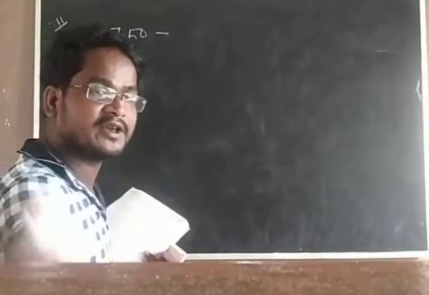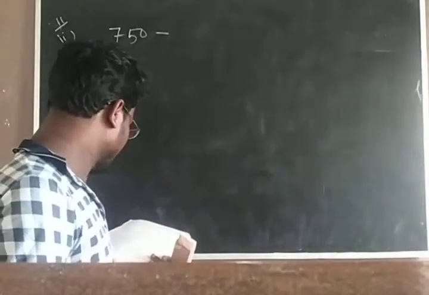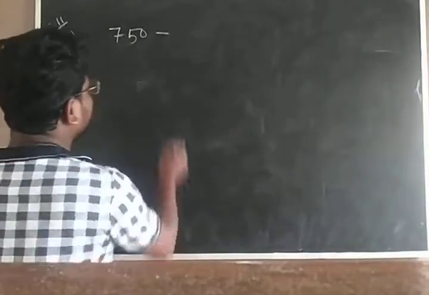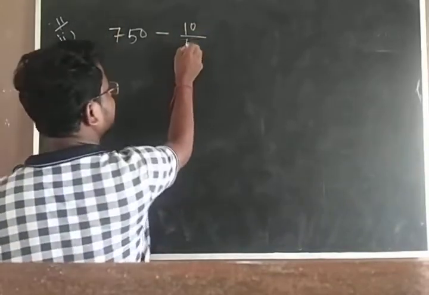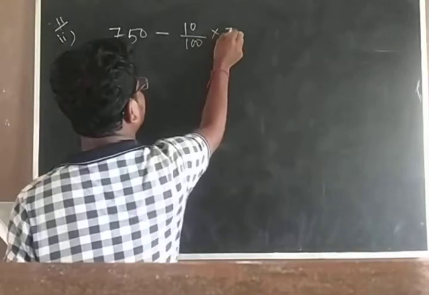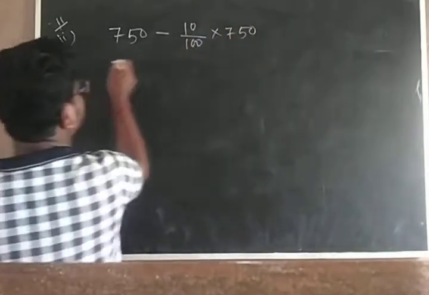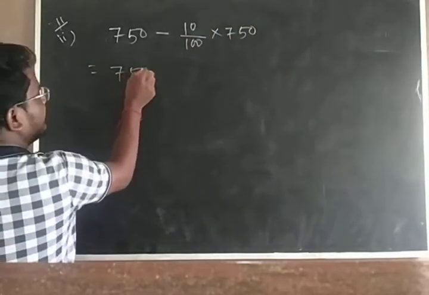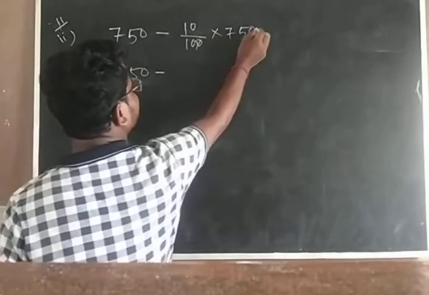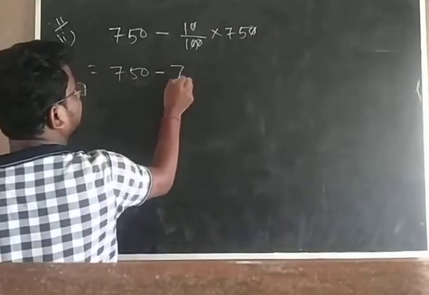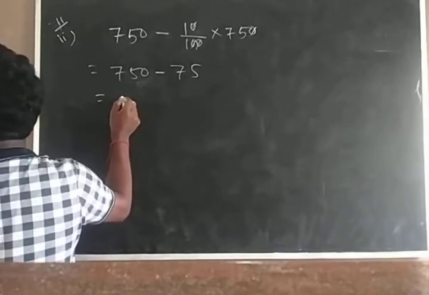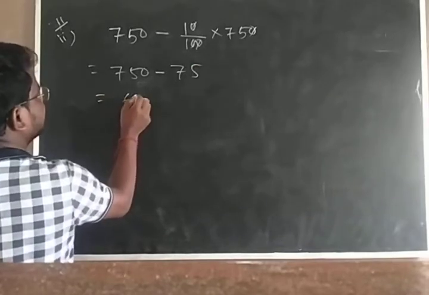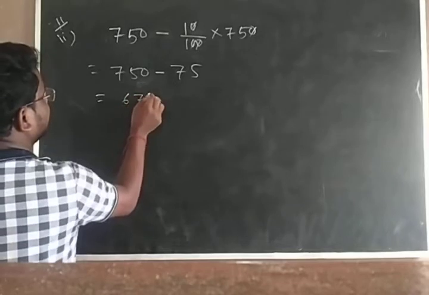It is not given how much, it is given in percentage. What percent? 10%. 10% of which number? Obviously this number. Therefore 750 minus 75, that is 675.